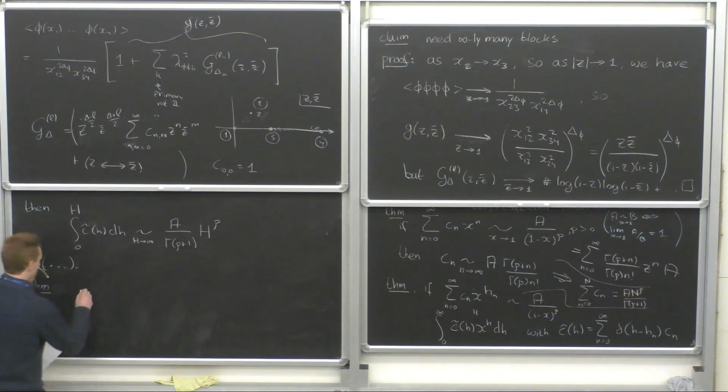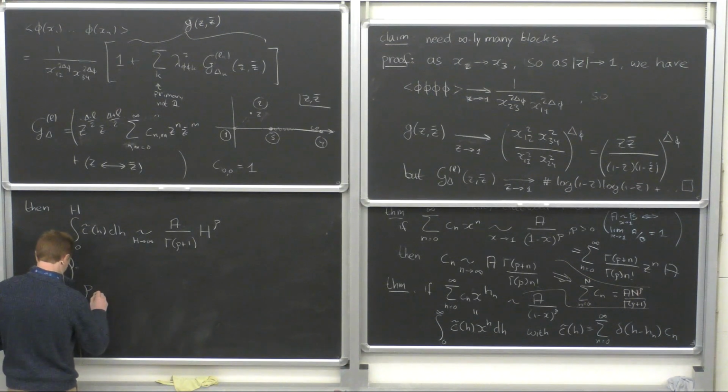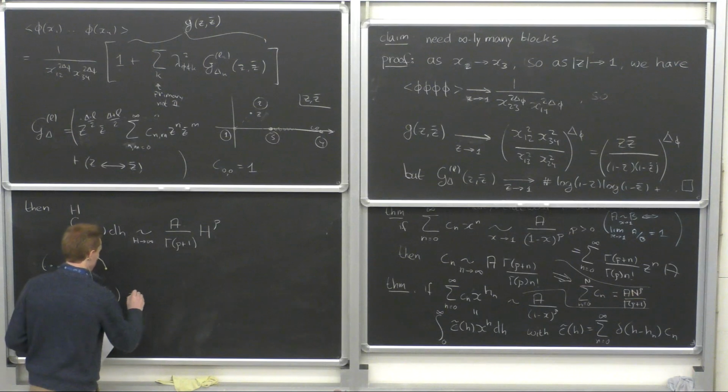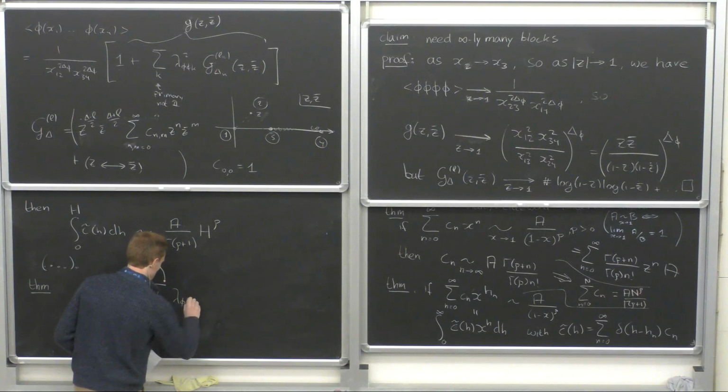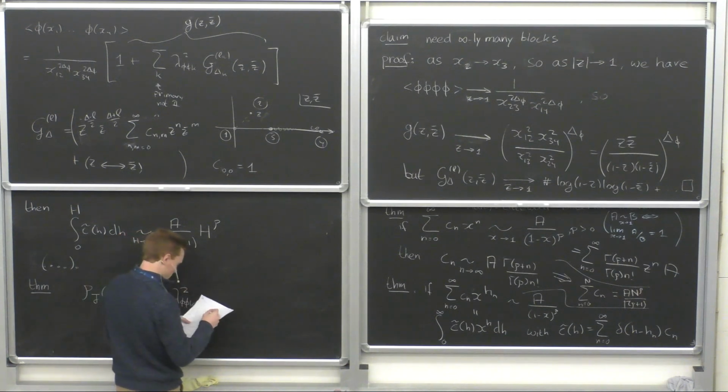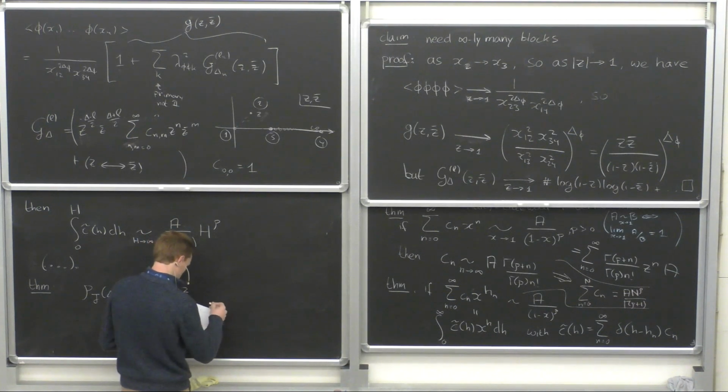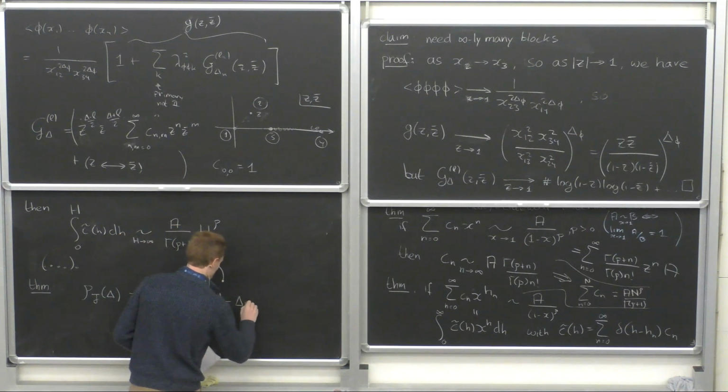And if you define some OPE coefficient density, a sum over n, lambda phi, delta minus delta k.